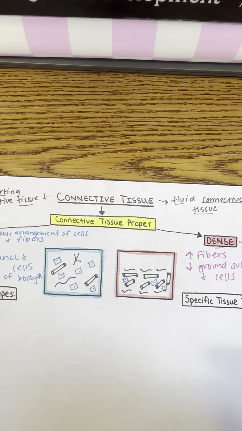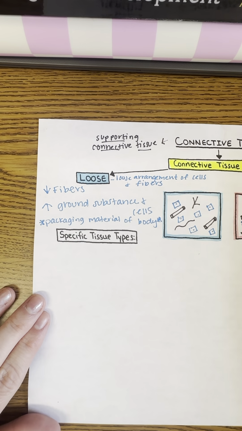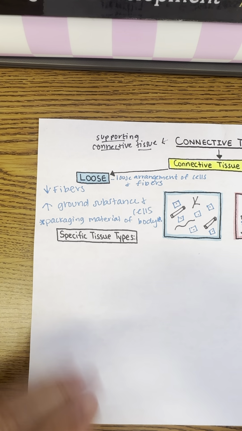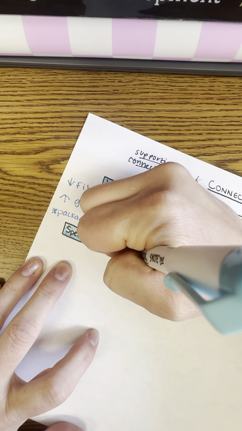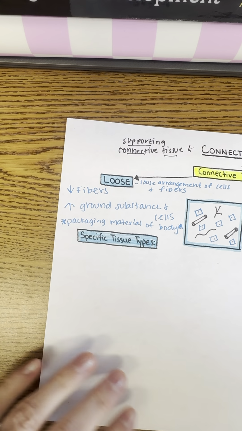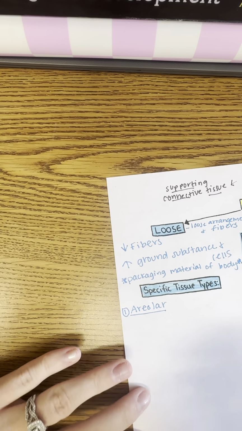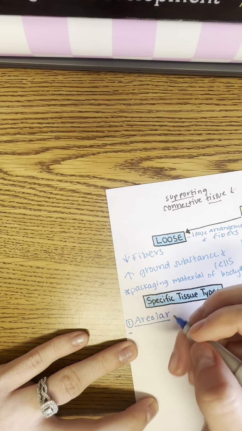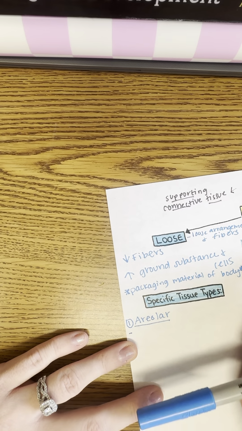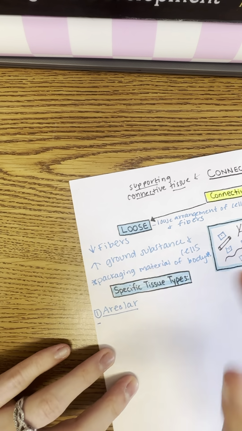So now we're going to focus on loose connective tissue, and we're going to go over more specific tissue types. These are tissue types that fall into this category because they have a loose arrangement of cells and fibers. So the first specific tissue type is going to be areolar. Okay, so for areolar connective tissue, it has a little bit of everything in terms of what types of cells and fibers.